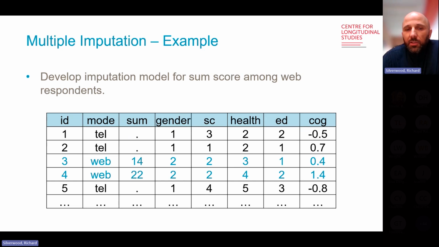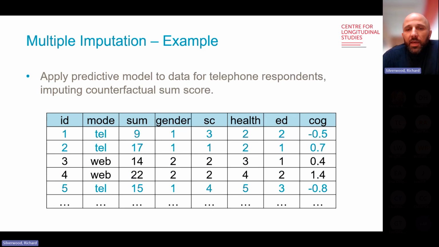So we develop a model that will allow us to impute the values of the sum score. We then go ahead and do that. So for those individuals responding by telephone, they now have an imputed value of the sum score. And this is the counterfactual. This is what, conditional on the variables here that we've included in our imputation model, we would expect to have observed for those individuals had they instead completed the survey by web.